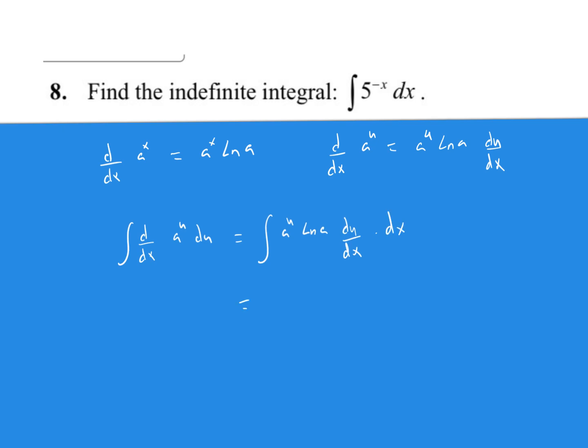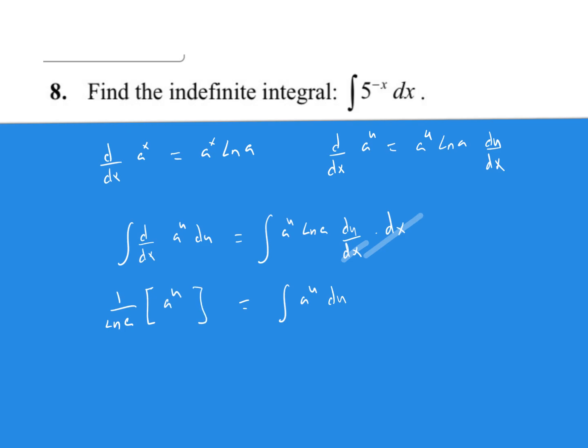Okay, so the integral of a to the u, this dx goes out with this dx, and now the integral of this will be the integral of a to the u du. The integral of a to the u du will be 1 divided by the natural log of a, multiplied by a to the u.